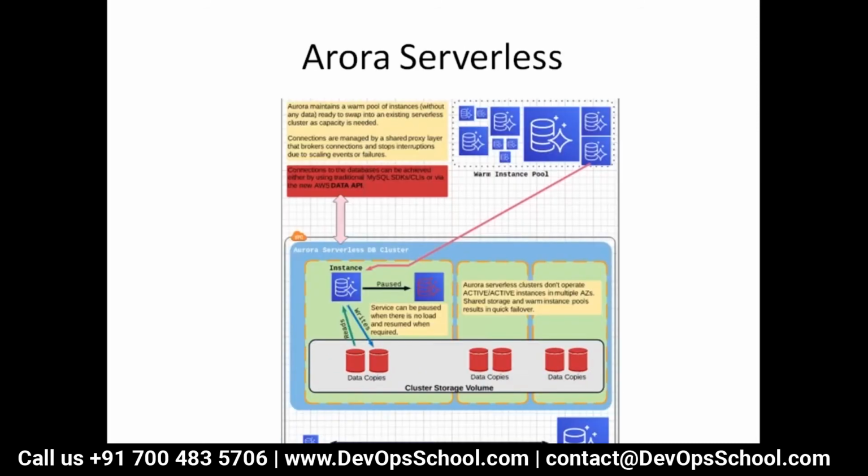Now there is another concept called Aurora Serverless. Serverless means there will be a server, a database at the backend, but you create an Aurora serverless cluster and you need not bother about the sizing of the database engine. As your queries go on increasing, it will be auto provisioned at the backend. So that is called Aurora serverless.